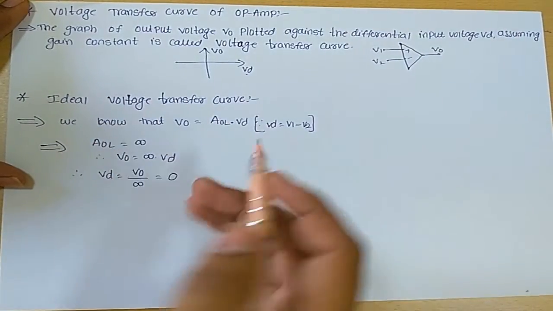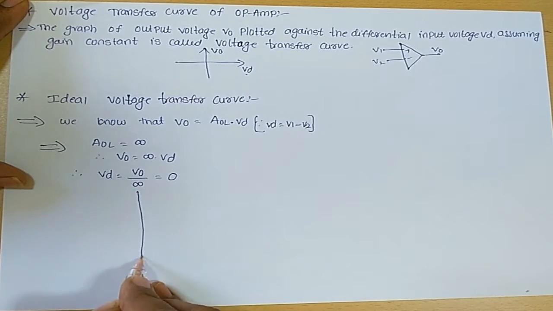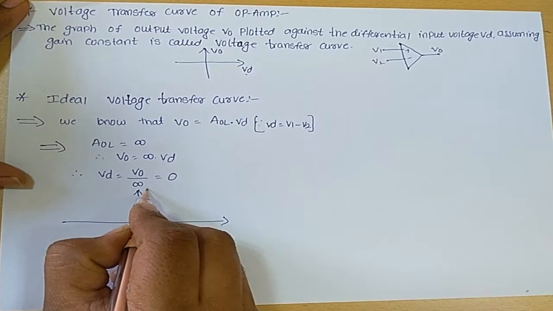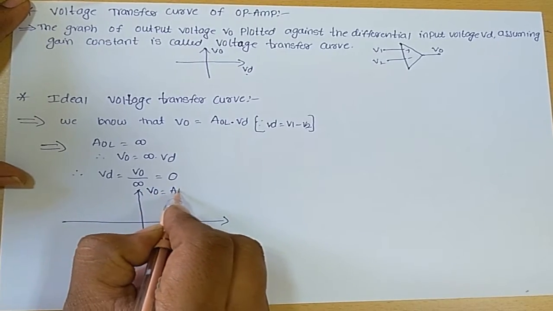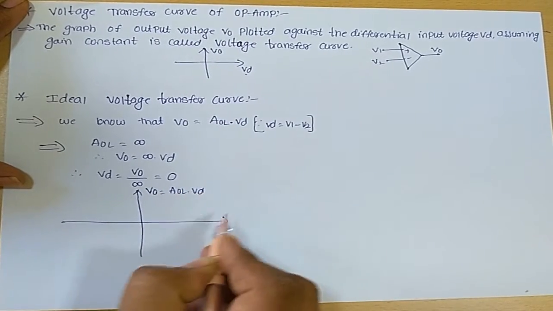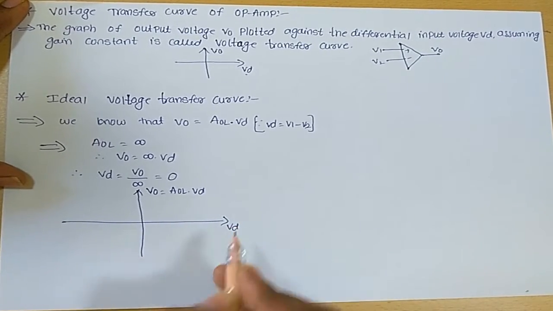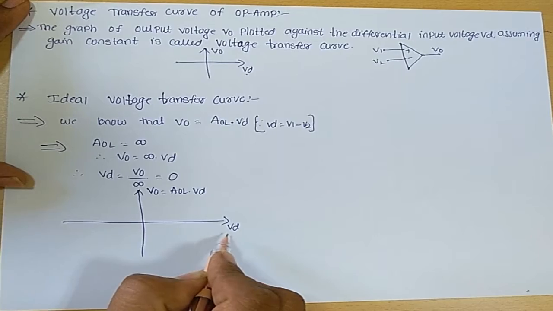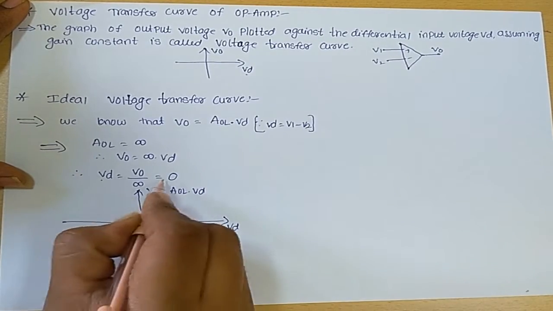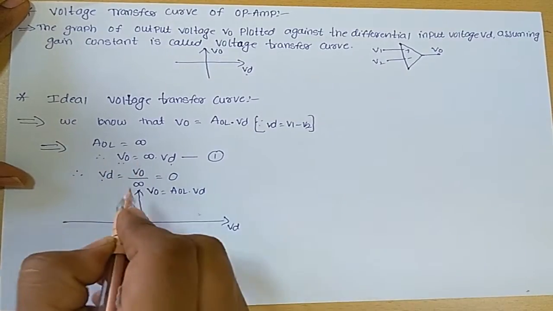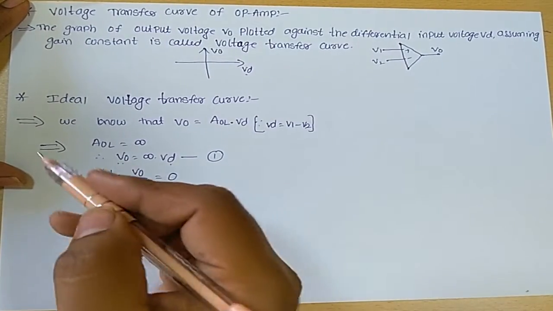Now we draw the graph. On the y-axis we consider the output voltage V0 equal to AOL into Vd, and on the x-axis we consider the differential voltage Vd. Here we assume the input voltage Vd equals 0. Again we get the output equal to infinity.